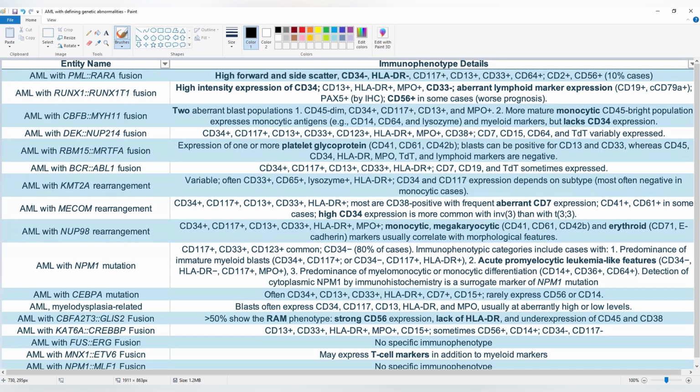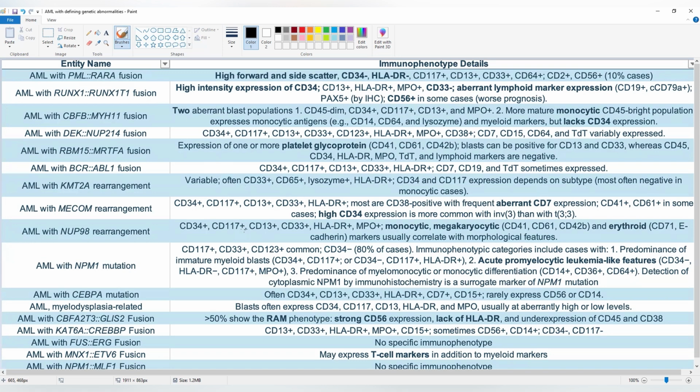Here, acute myeloid leukemia with MECOM rearrangement can have frequent aberrant CD7 expression, but that's not something that you can use to make a diagnosis. For acute myeloid leukemia with NUP98 rearrangement, just remember that these cases can be like typical acute myeloid leukemia: CD34, CD117 positive, CD13, CD33, HLA-DR, myeloperoxidase positive.